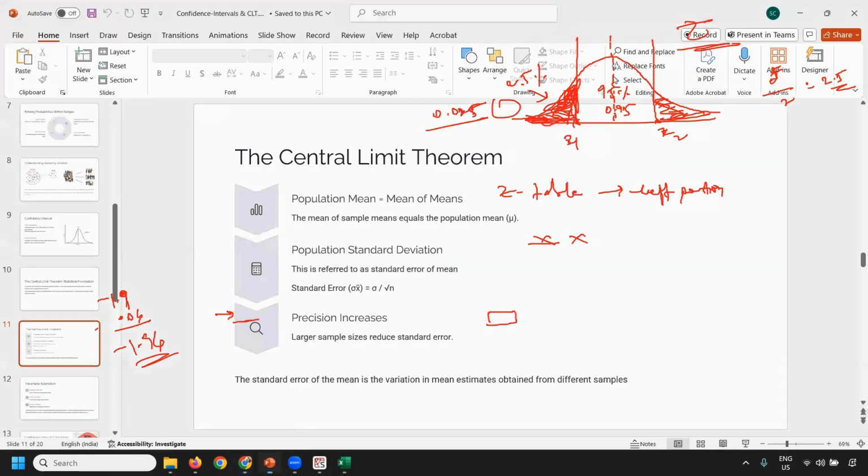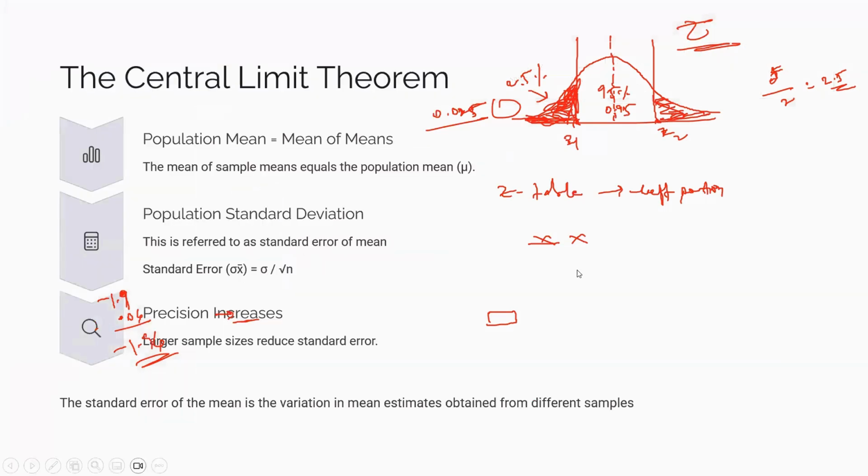So I'm getting this Z1 as minus 1.96. Now, if this is minus 1.96, what will be the Z2? Plus 1.96. The center is always at 0 and it is symmetric.